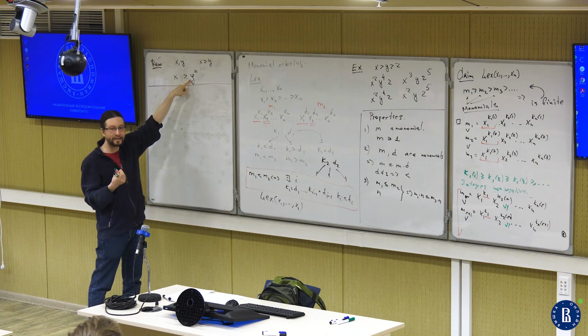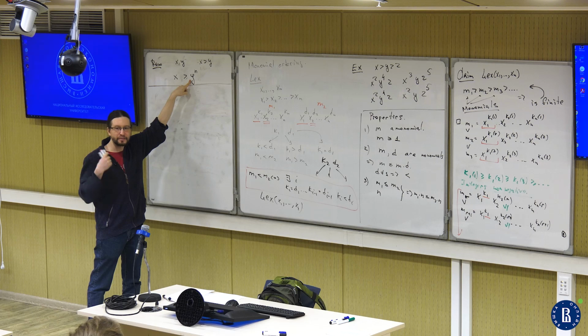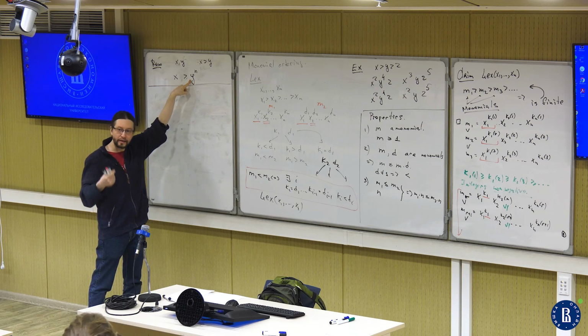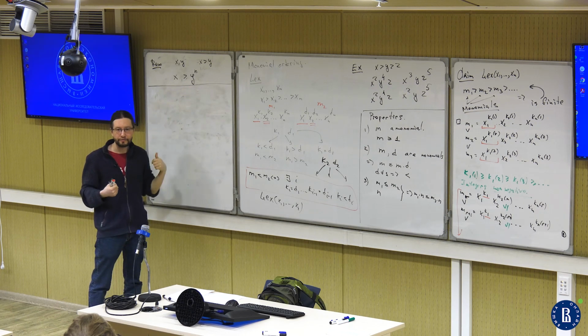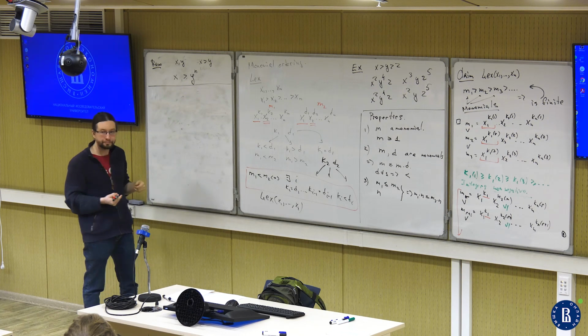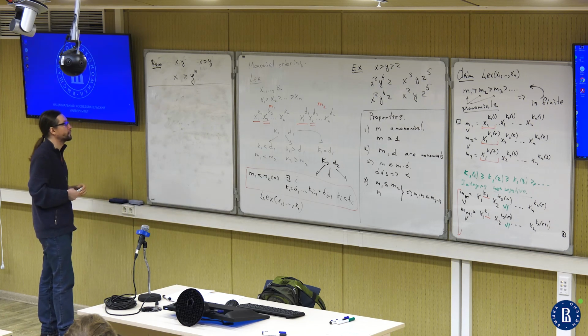But when you choose the second monomial, it must be some specific power of y, let's say y to the 10. And then there are finitely many monomials strictly smaller than y to the 10. And that's why you have to stop after finitely many steps. So, okay.